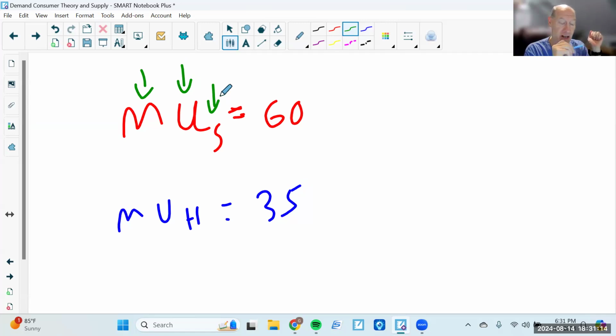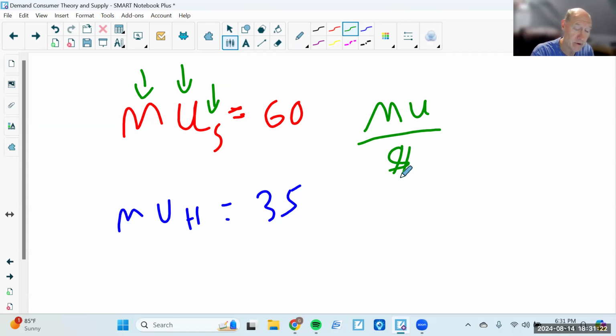When we make decisions in life, we don't make decisions based on marginal utility. We make decisions based on the marginal utility per dollar for each dollar we spend. So the marginal utility per dollar that I spend on shrimp is actually less than the marginal utility per dollar that I spend on the hamburger.